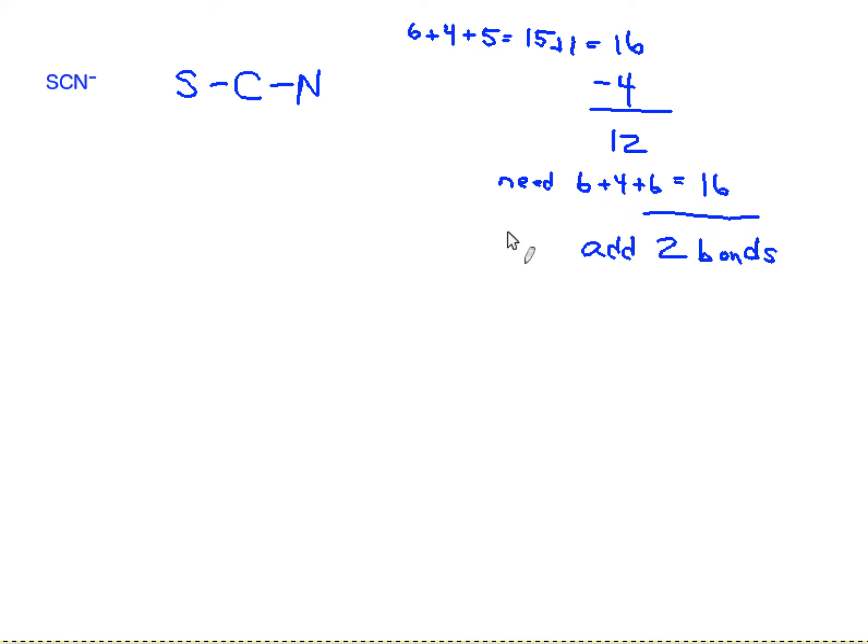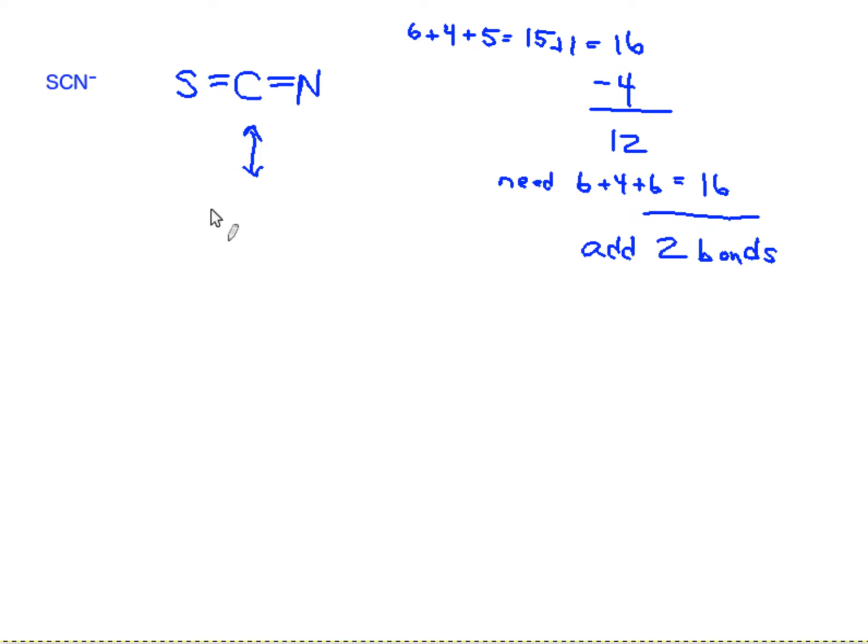Now this is where resonance structures come into play. I have a choice of where to add these 2 bonds, and that choice will lend itself to form other resonance structures. So let's just add these 2 bonds in the most obvious place. I'll add one here and one there.